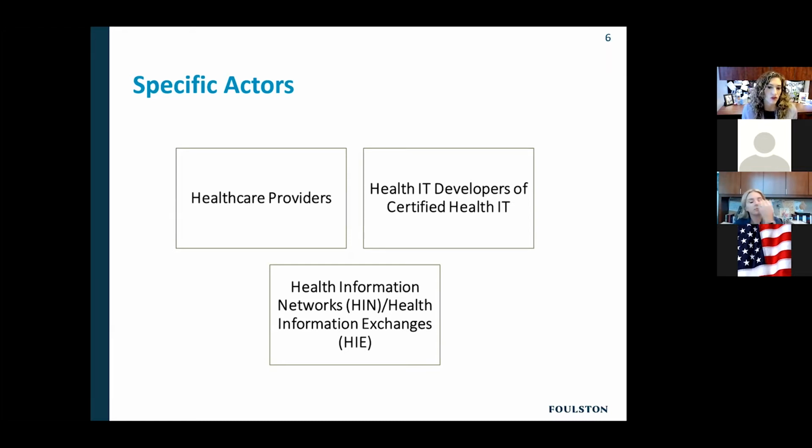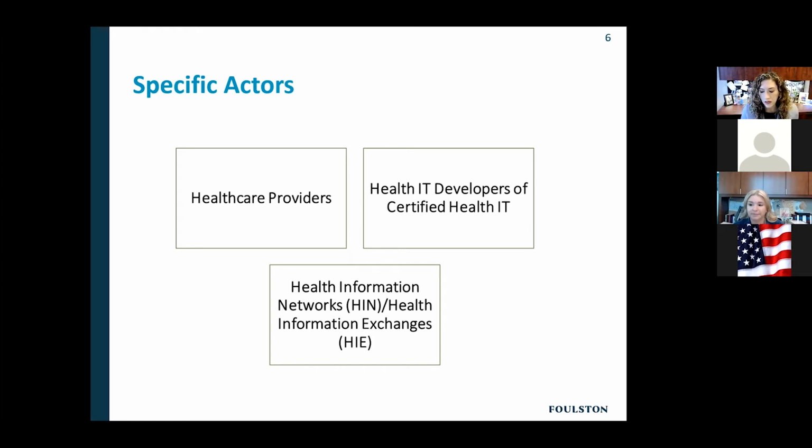And when we're analyzing whether a code of conduct or a policy interferes with requests for information, we have to pay attention to the definitions. And so the first element is that the actor is regulated by the information blocking rule.